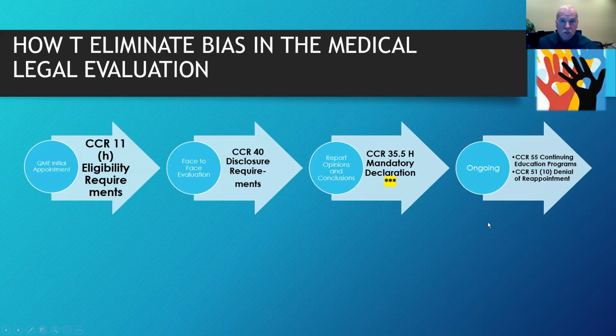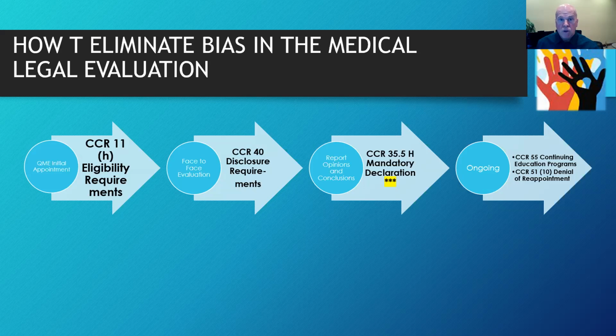Then on an ongoing basis, we're going to be required to complete 2 hours of anti-bias training every 2 years as a condition of reappointment as a QME. And then new CCR 51 section 10 has a provision that disallows the reappointment of the qualified medical evaluator if it can be found that the qualified medical evaluator is consistently, as a pattern in practice, submitting reports that are influenced by bias.